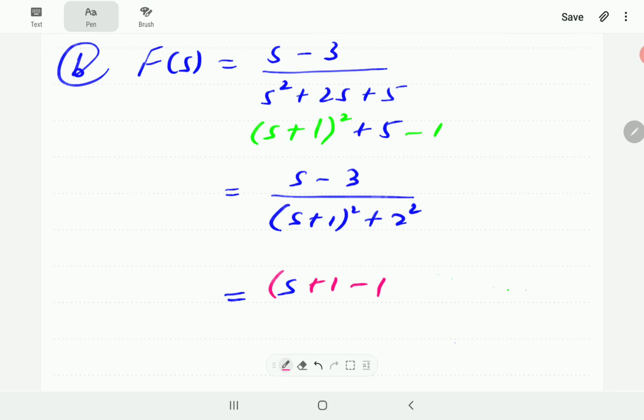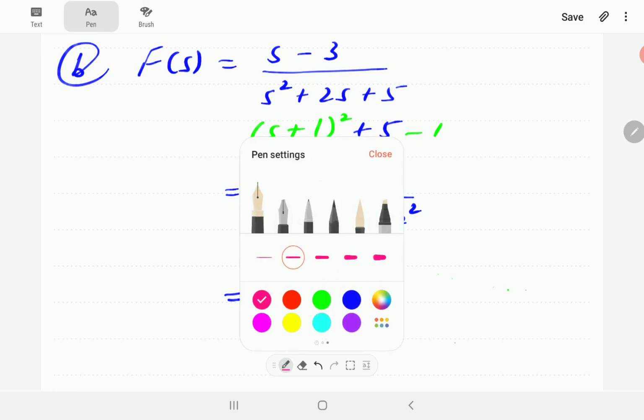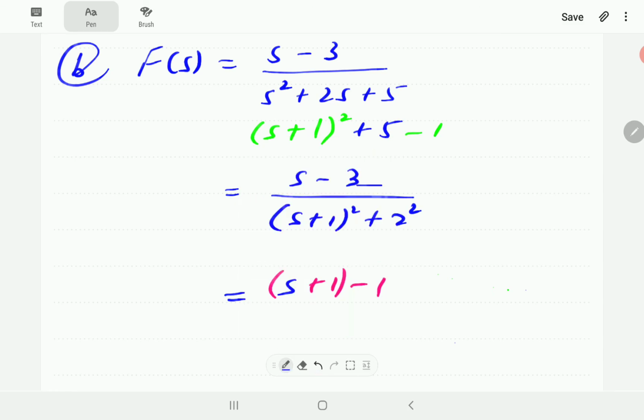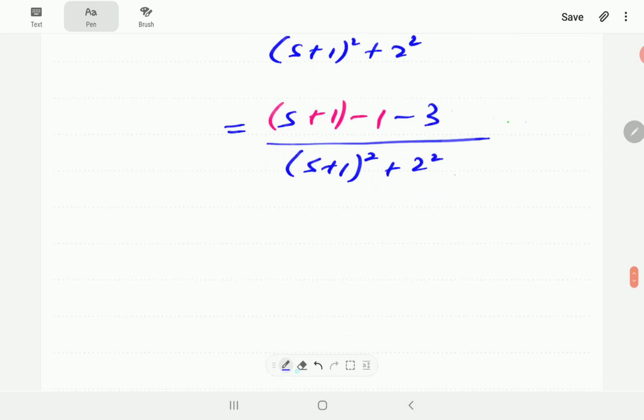Then we keep this inside the brackets and not disturb it. Then the minus 3 that was there, we bring it back. The denominator is still s plus 1 squared plus 2 squared.